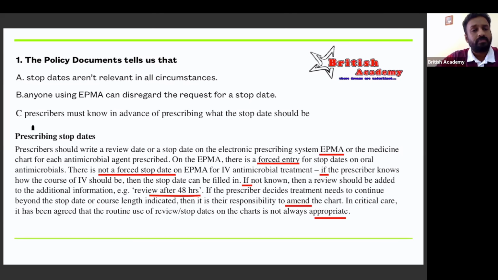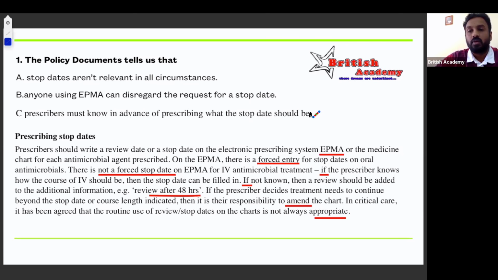Now, look at it. The C option says prescribers must know in advance of prescribing what the stop date should be. Okay. Now, when you read this complete text, you will realize nowhere does it mention that the prescriber should know in advance of prescribing what the stop date should be, because the later part says that even if you don't know, it's completely fine.